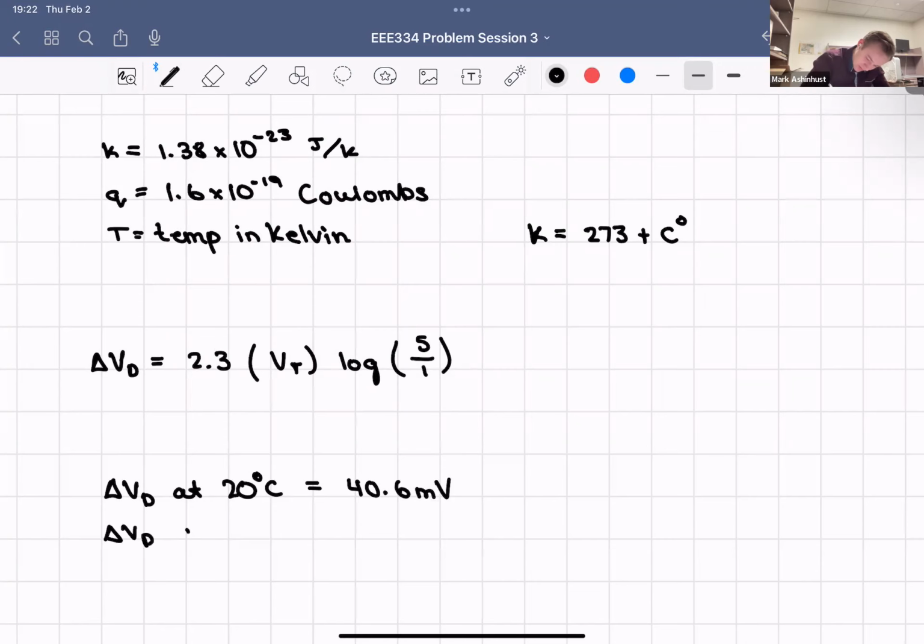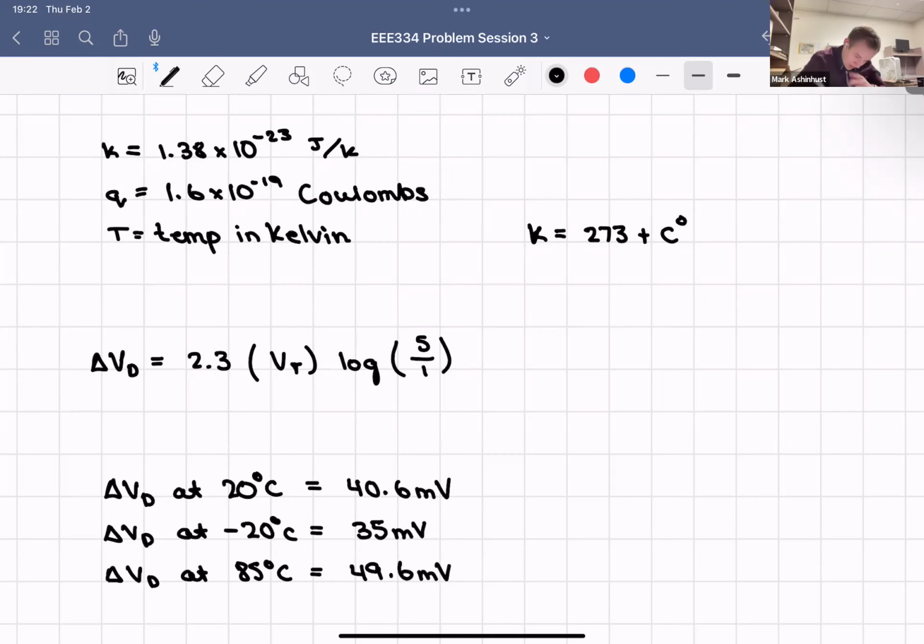Our change in VD at negative 20 degrees Celsius is equal to 35 millivolts. And our change in VD at 85 degrees Celsius is equal to 49.6 millivolts.